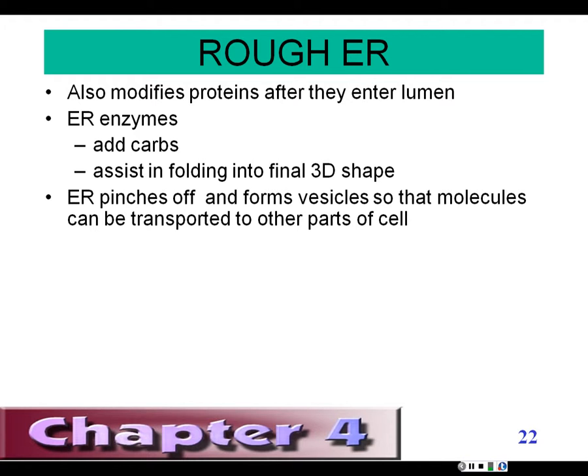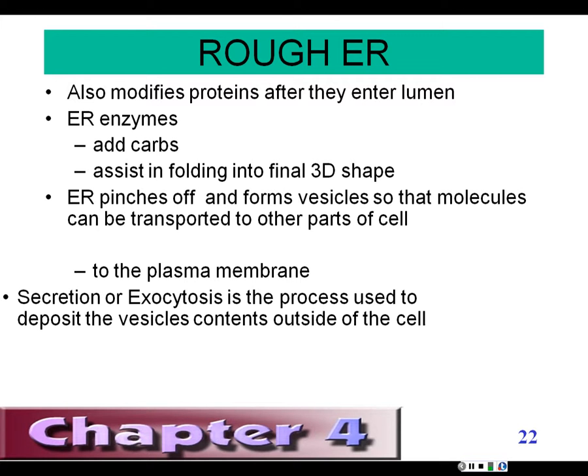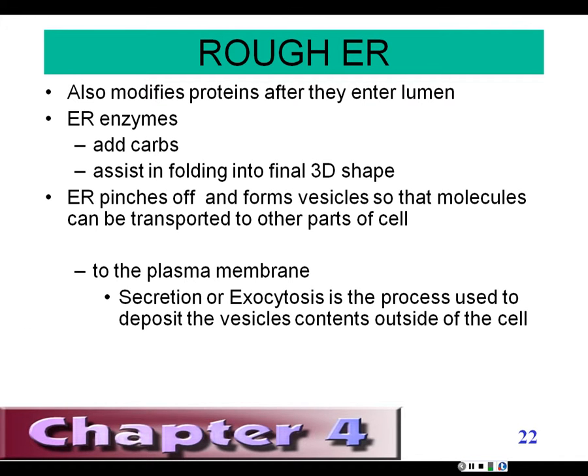Anytime we're taking something outside through exocytosis, then we know that the volume of the cell membrane is going to increase. So this is a dynamic process that's constantly occurring. So it's going to take it to the plasma membrane, and it's going to be secreted through a process that's called exocytosis.